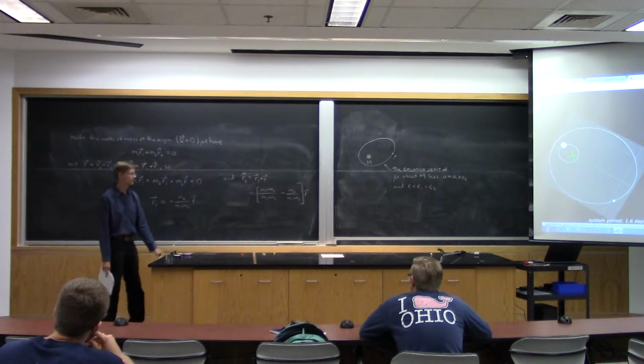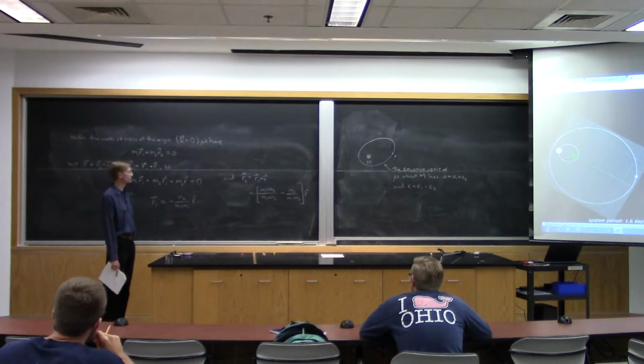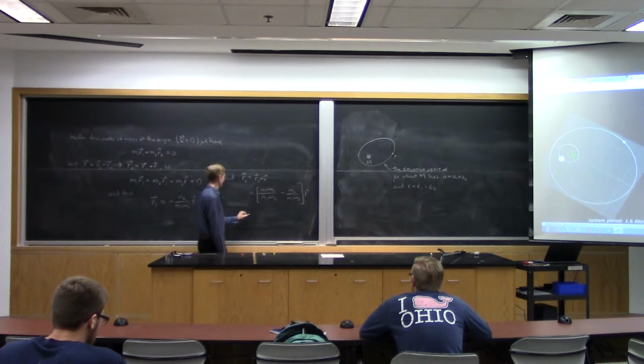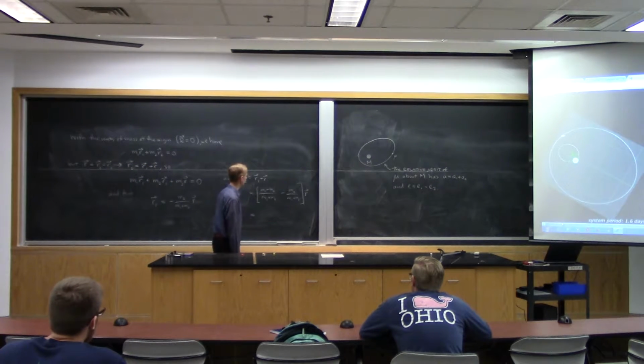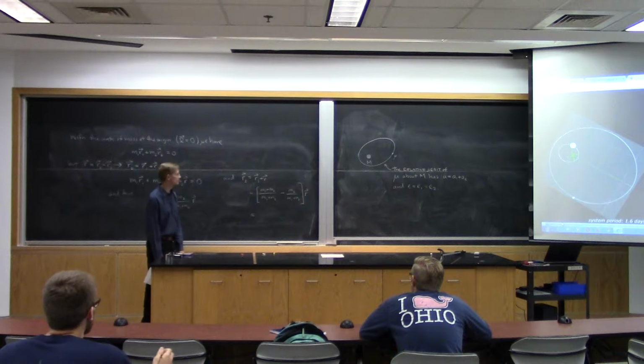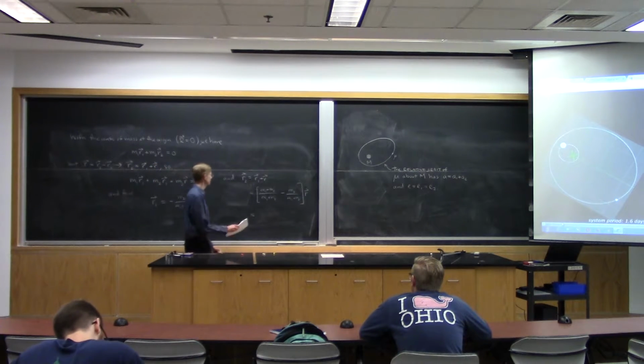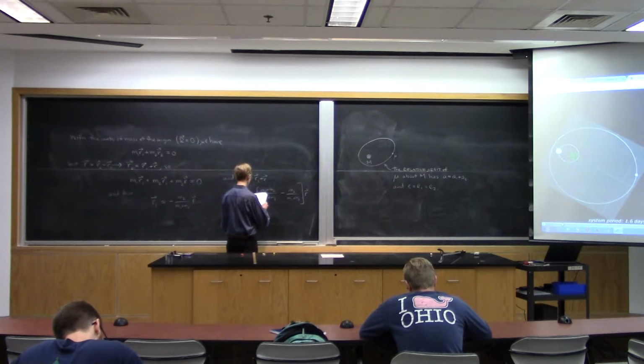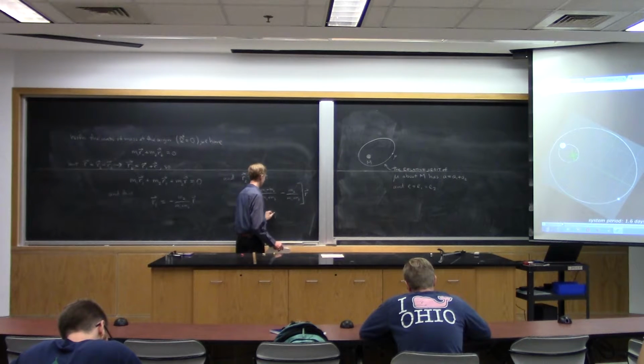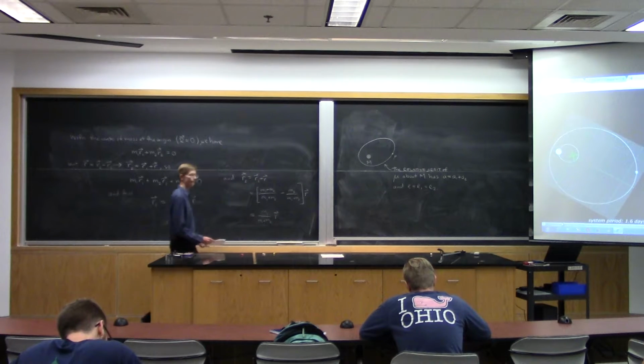That first one is obviously 1, but I put it over a common denominator. And so now I can add numerators, and I get m1 plus m2 minus m2, which is just m1. So in other words, r2 is equal to m1 over m1 plus m2 times r.